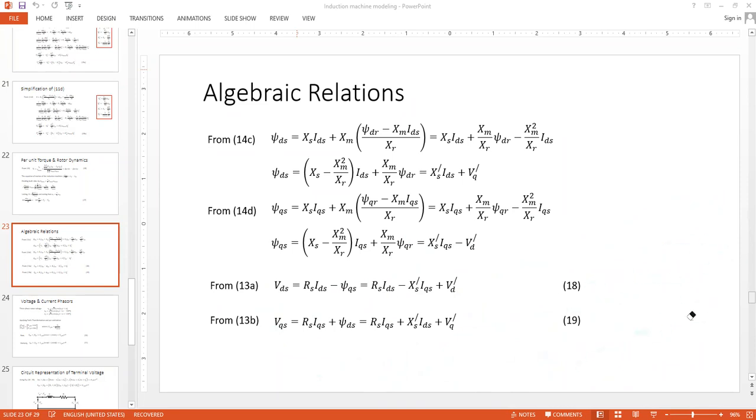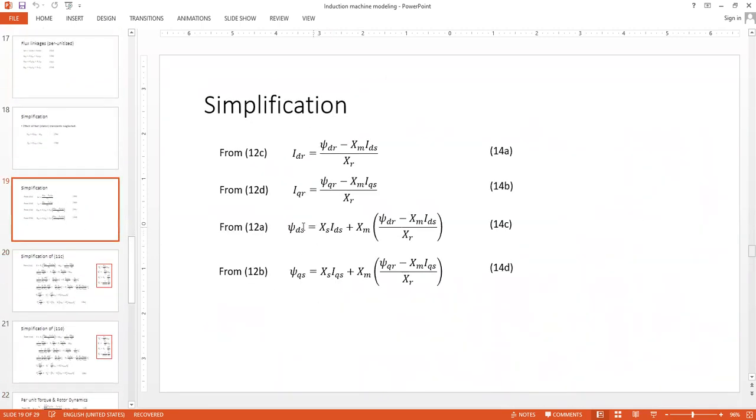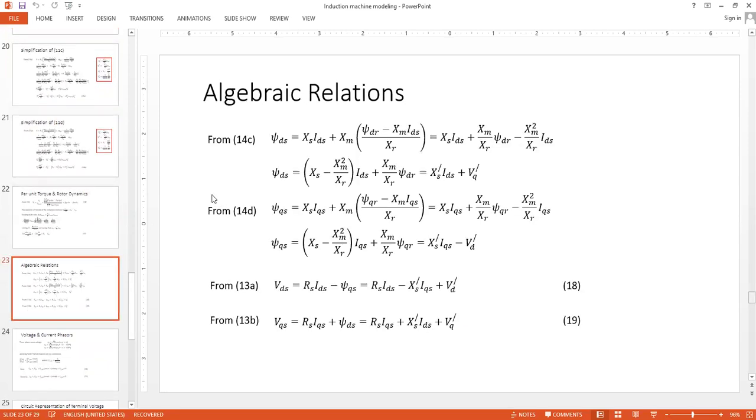To help with the presence of IDS and IQS, let's see how we can use the algebraic relationships. Now from 14C, so what is 14C? Let's go back to 14C. So 14C is this, psi ds and psi qs. From these two, let's see.